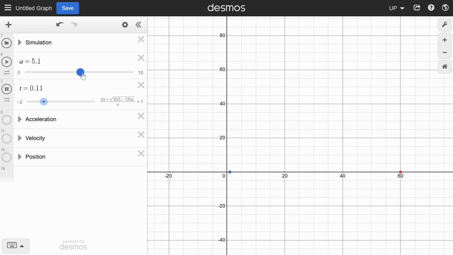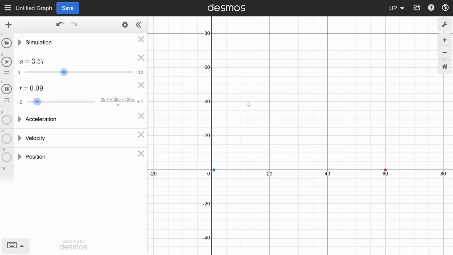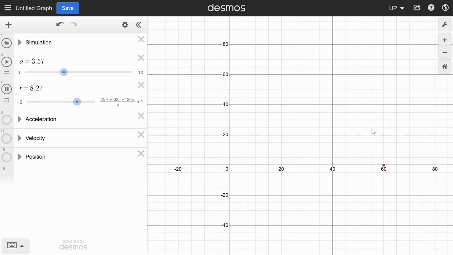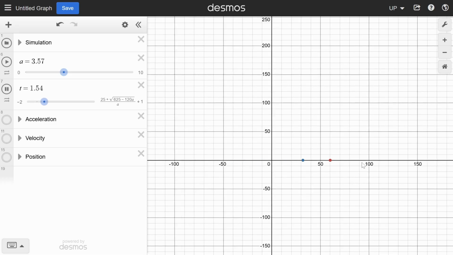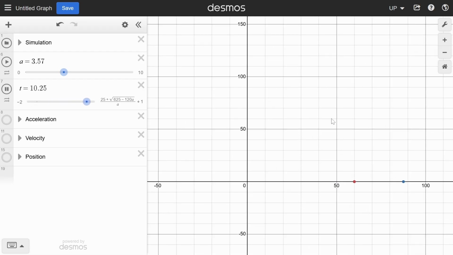So if we set our deceleration to be less than 5.2, we will crash into this hazard and stop at a point further than 60, which is bad, which means that we have crashed.